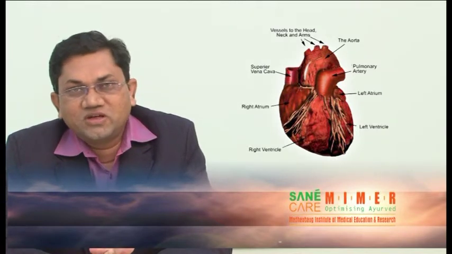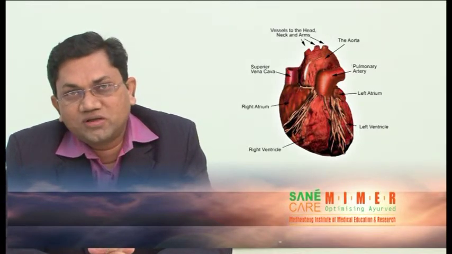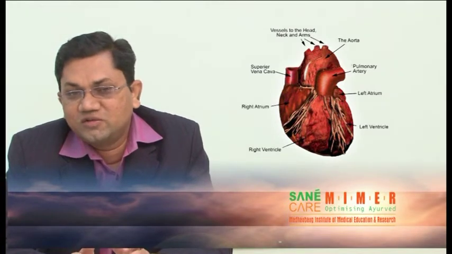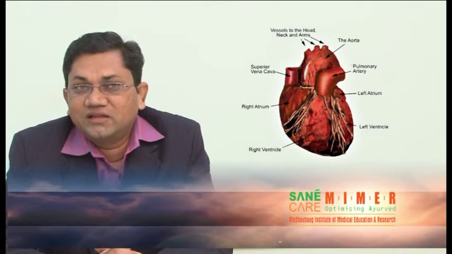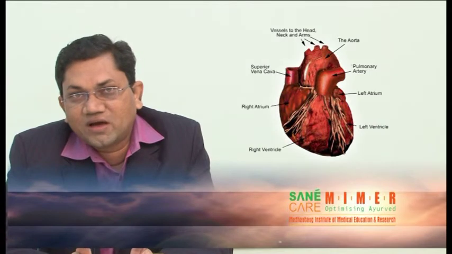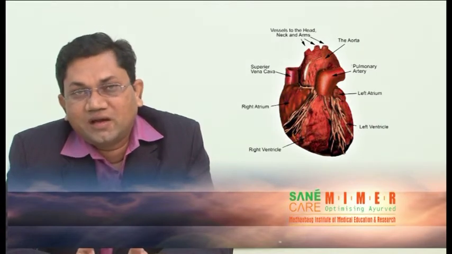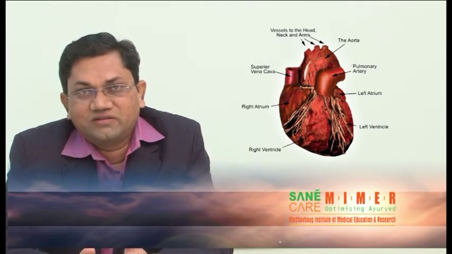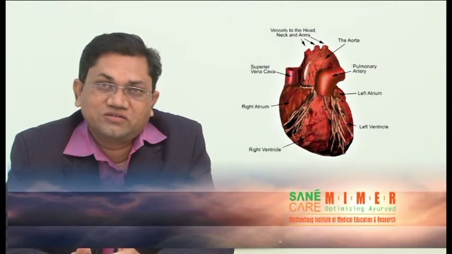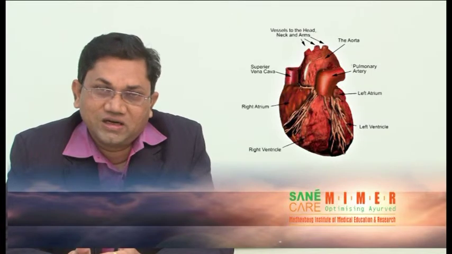Now in this picture we can see the borders and the surfaces of the heart. The right border of the heart is formed by the right atrium, whereas the inferior border is formed by the right ventricle, and the left border of the heart is formed by the left ventricle.